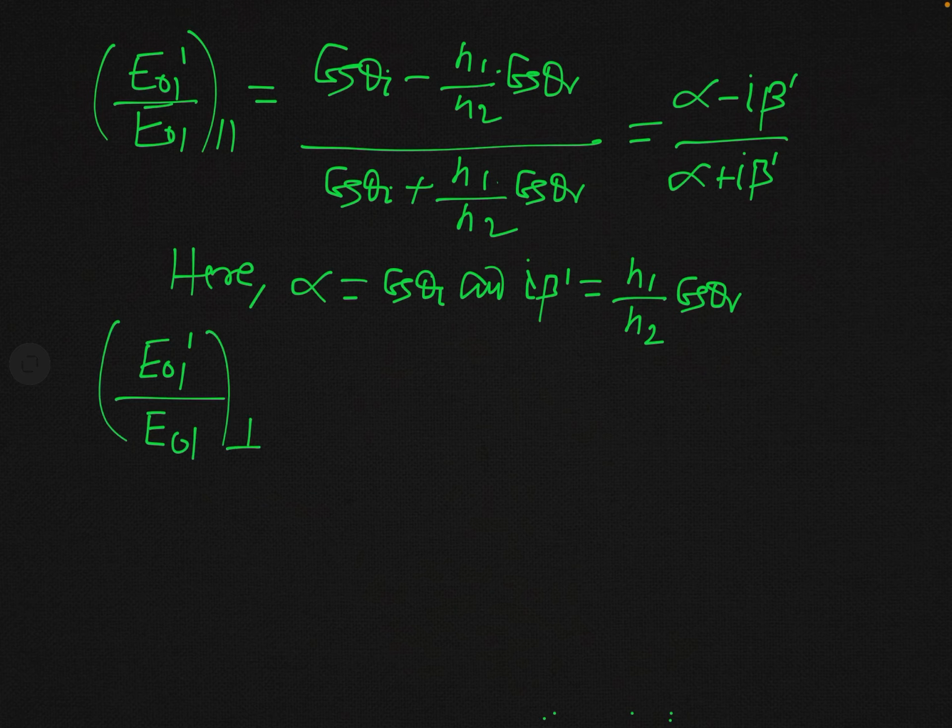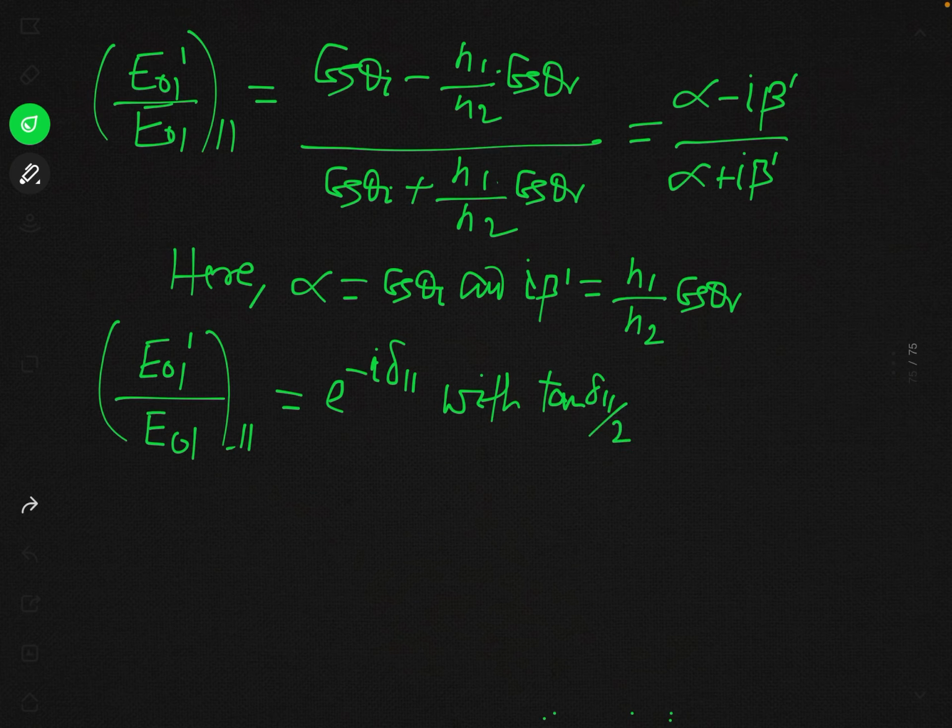Now just like above, we can write that this E naught 1 prime over E naught 1 parallel, this is parallel, not perpendicular, is equal to e to the power minus i delta parallel.